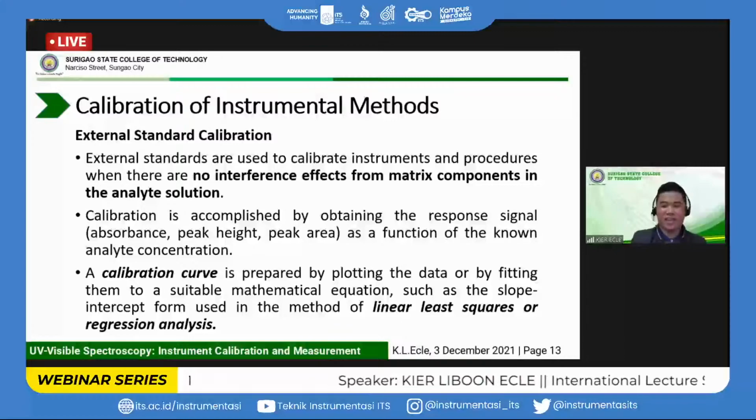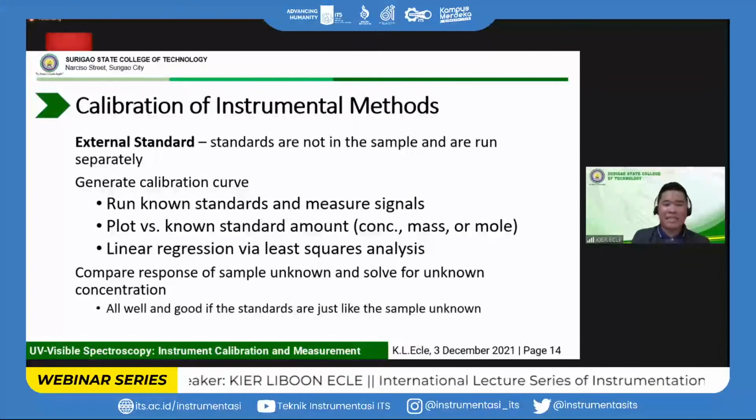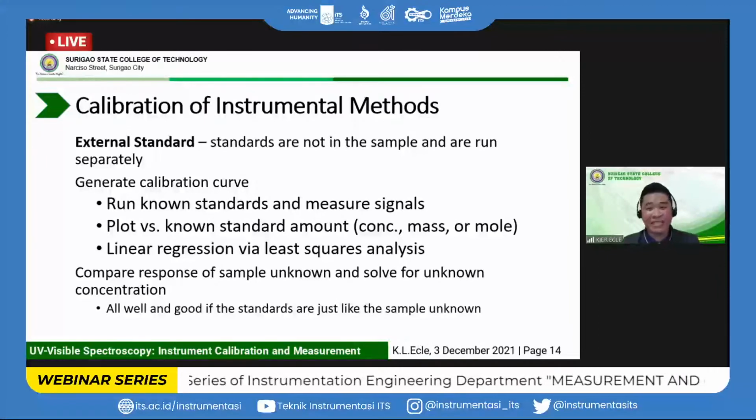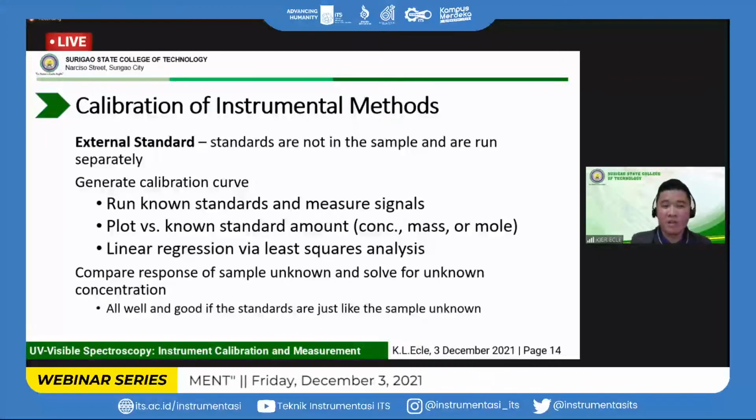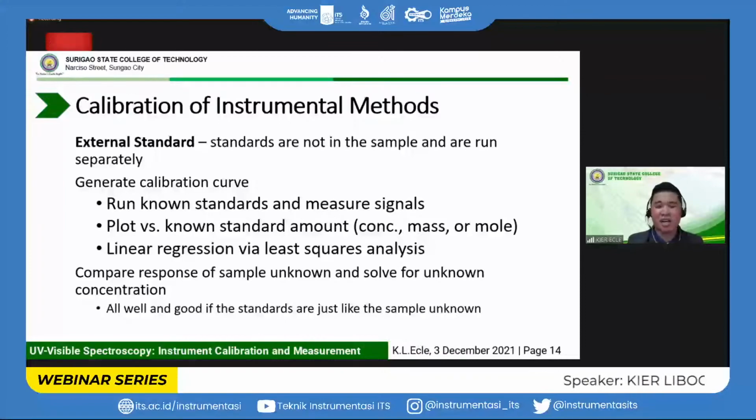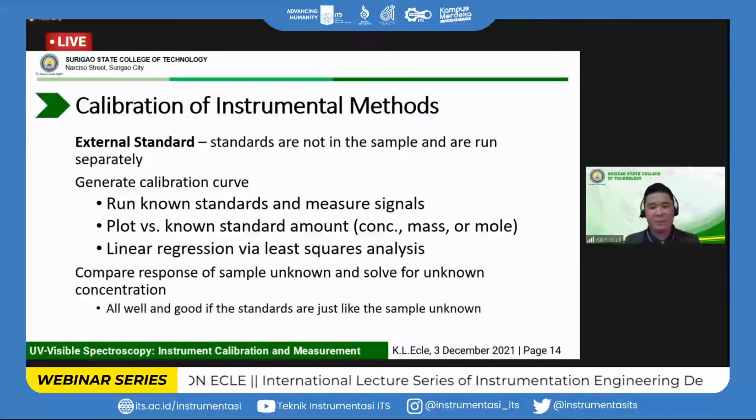Okay, so the external standard is not dependent on the sample and is run separately. You are going to generate the known standards and the measured signals. These are the measurements that you get from the instrument, and you are going to plot them.